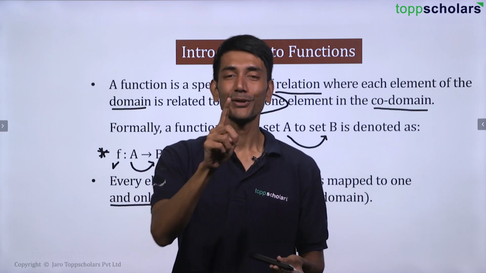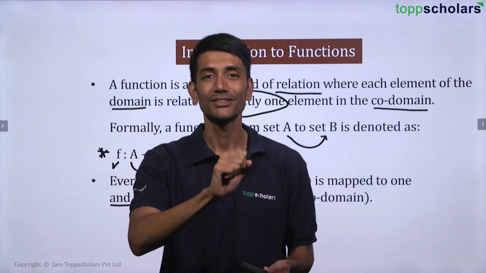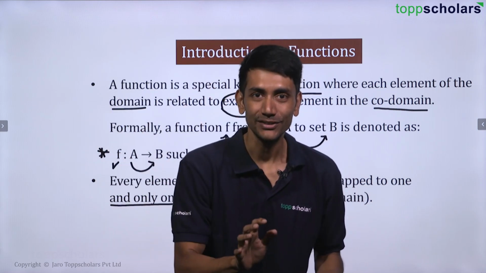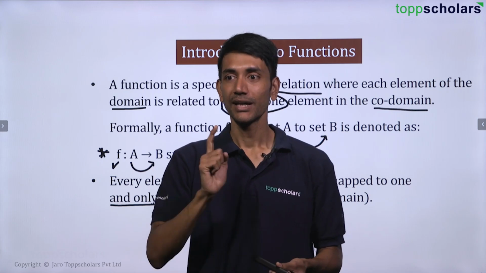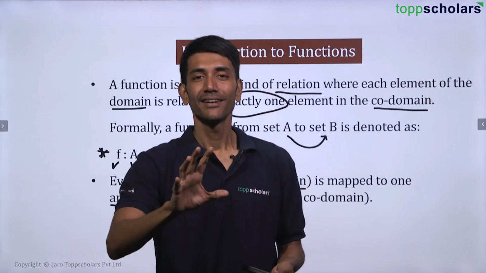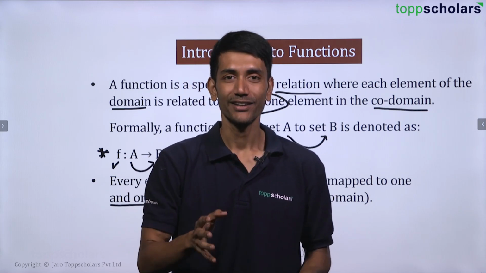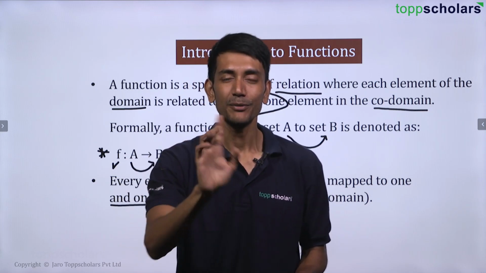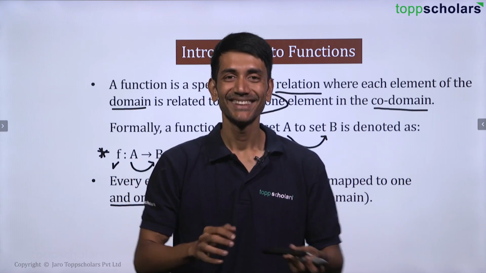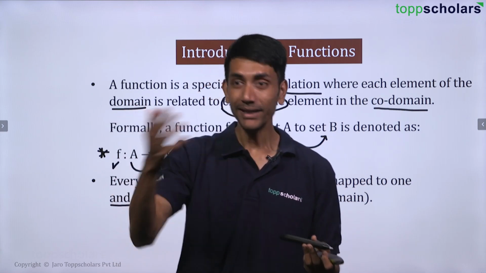I need to choose only one if I have to call it a function. So I can have multiple friends, right? So that is a relation. But when I talk about a function, I have to choose one. So a simple example is marriage, right? One person with one person only. So that is a realistic example of a function. So in relations, your friendships can be many.